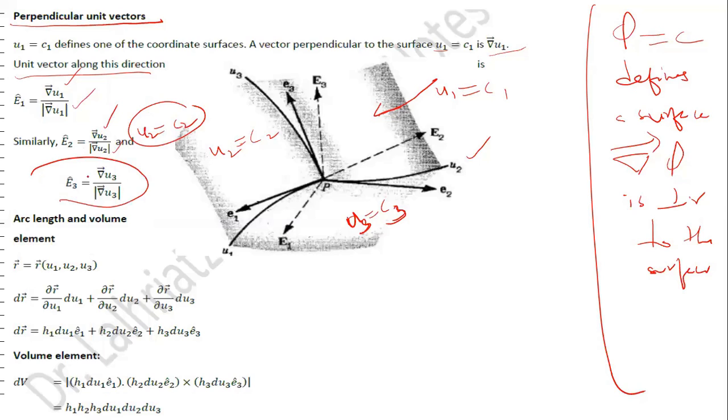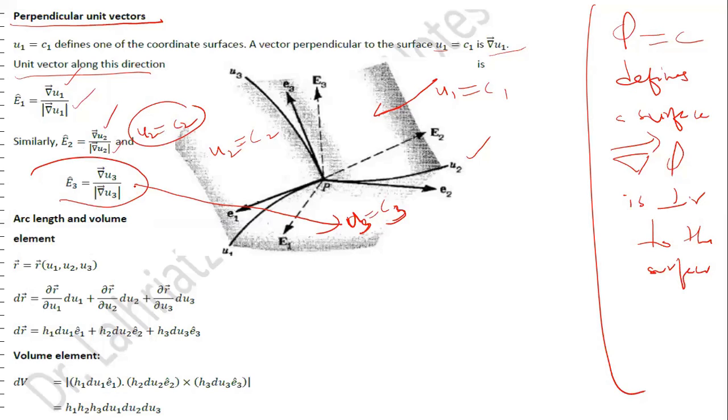And grad of u3 gives you the vector perpendicular to the surface u3 equal to c3. When you divide it by the magnitude, that will give you the unit vector.